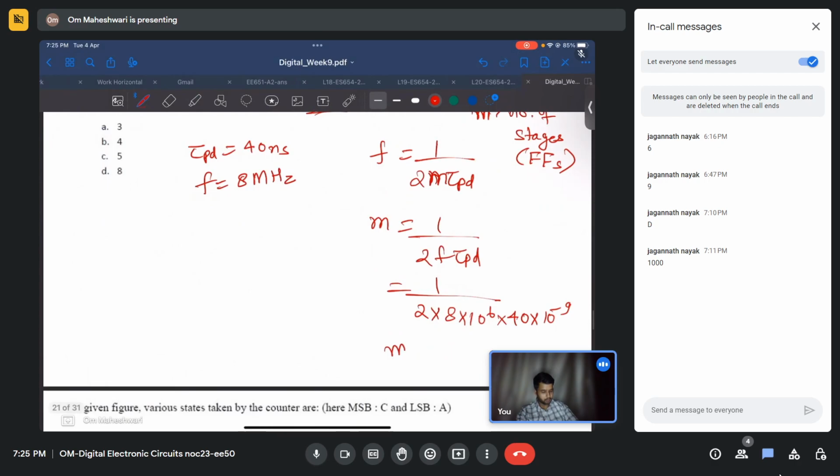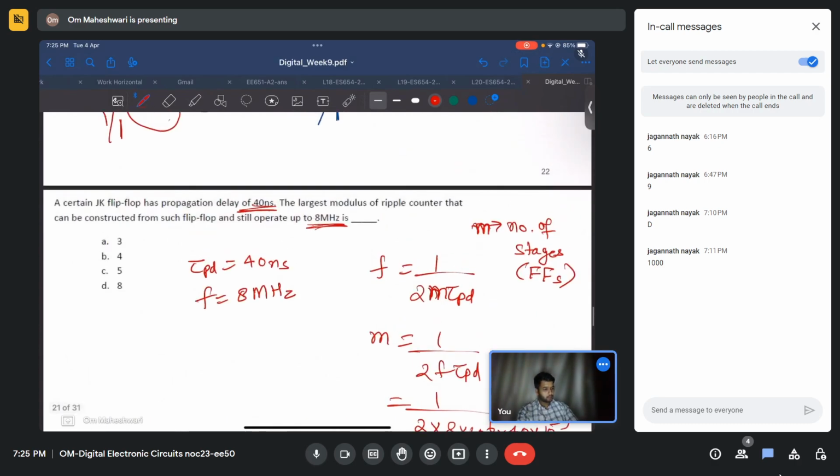So N is 100 by 32, which is 3.125, right? Approximately 3.125. So the number of flip-flops we are saying is 3.125. That makes no sense anyways, but yeah.